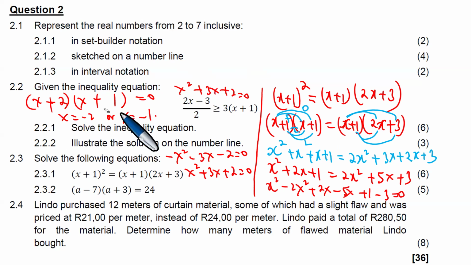And the last is 2 here, it's 1 here. So that 2 times 1 is 2, and 2 plus 1 is 3. That is why these factors are correct.